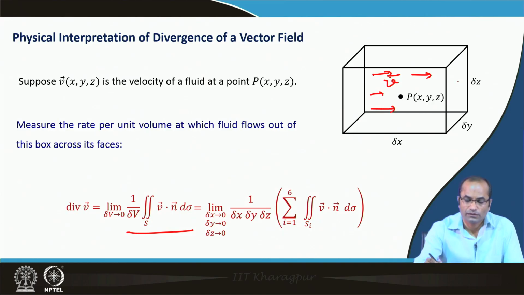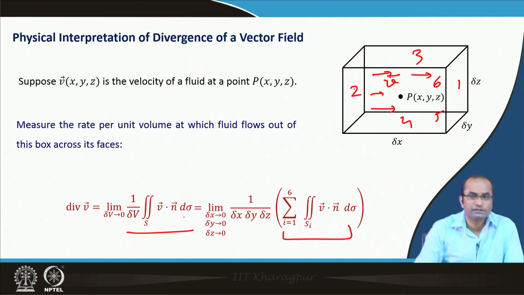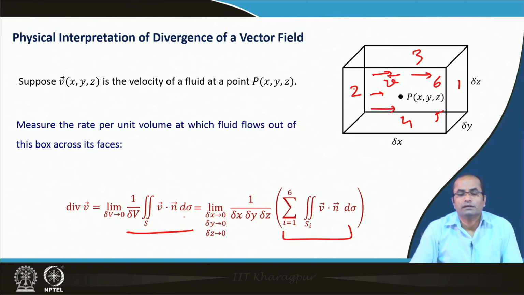We have this face 1, 2, and then 3, 4, and then there are 2 more faces, 5 and 6. So, there are 6 faces which this geometry has. So, we will compute the surface integral over these 6 faces, the surface around this point P, occupying some volume delta x, delta y, delta z around this point P.